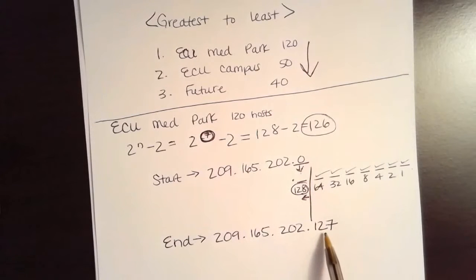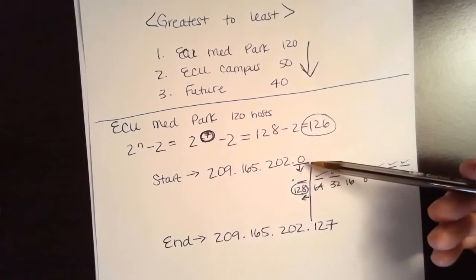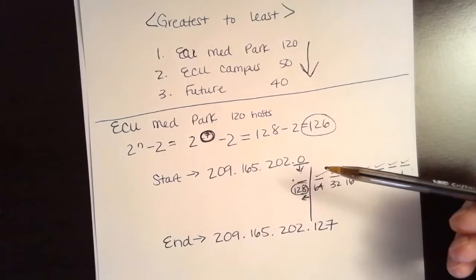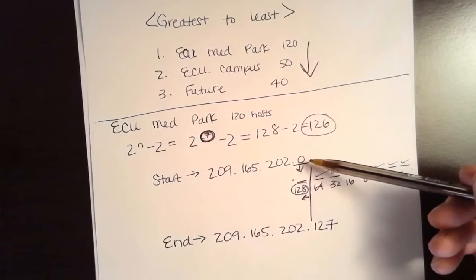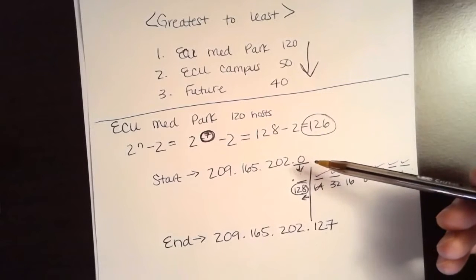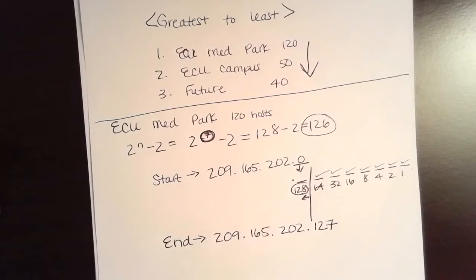But you have to make sure you end at .127 here, otherwise you'll end up with overlapping addresses. So again, there's 128 addresses, and if you don't believe me, you can count them out on your fingers. 0, 1, 2, 3, 4, 5, 6, 7, 8, 9, 10, all the way to 127. If you count those out, you'll end up with 128 addresses.